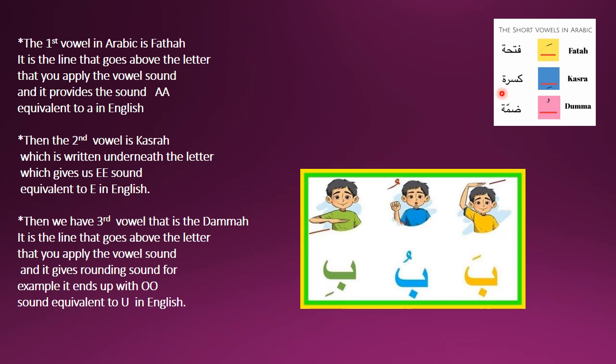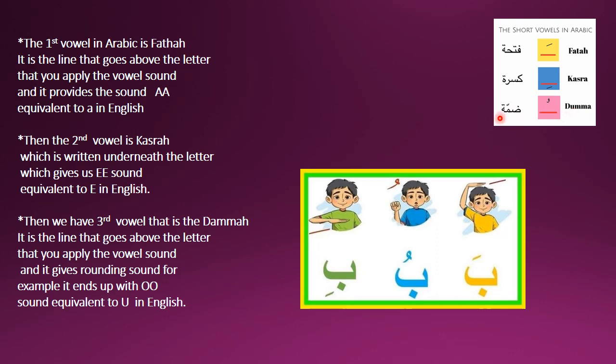Kasra, zir in Urdu, which is written underneath the letter and which gives the sound e, equivalent to e in English. Ba zir, bi. Sometimes it is pronounced wrongly. That is wrong. It's ba zir, bi. E, e sound.